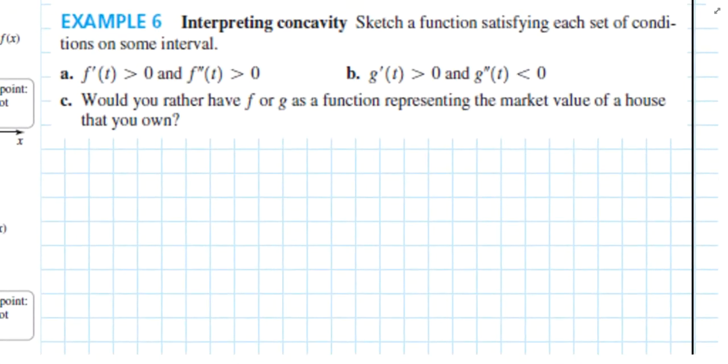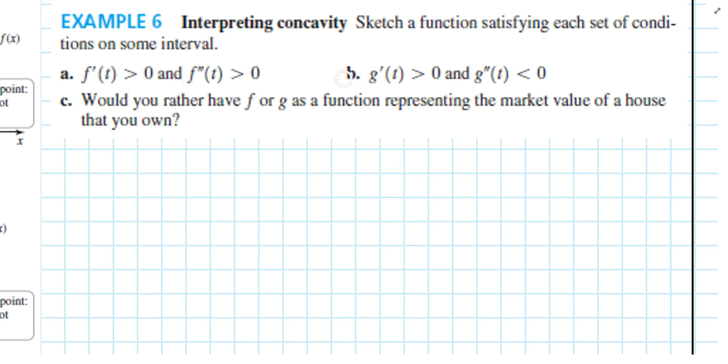So I'd like to challenge you again to complete example 6 on your own. You must sketch a function that satisfies each of the conditions on some interval. You get to decide what interval to sketch this graph on. But in part A, you have to sketch a graph so that the function has a positive first derivative and a positive second derivative.